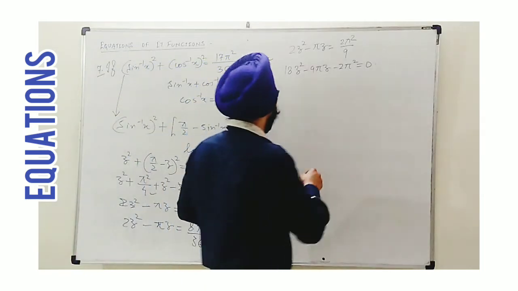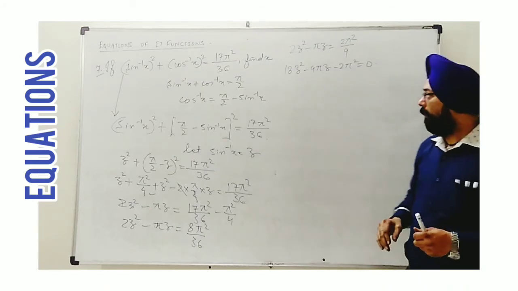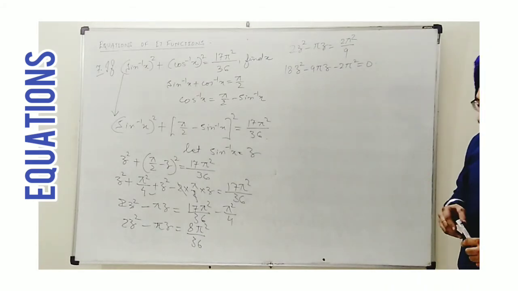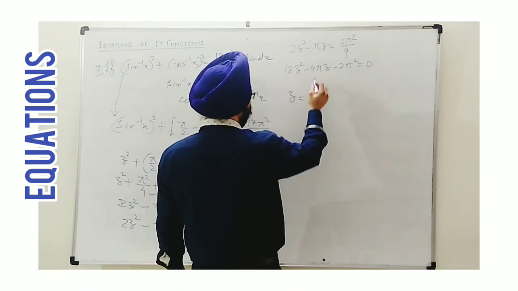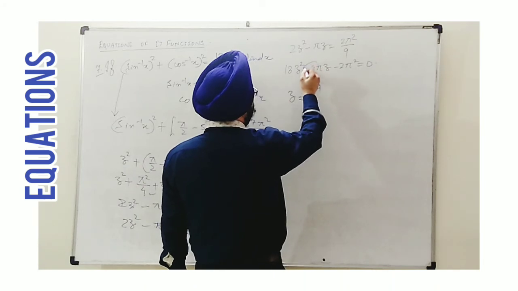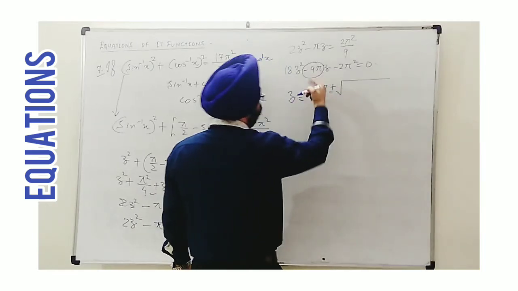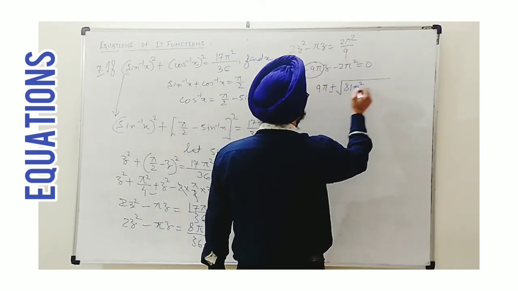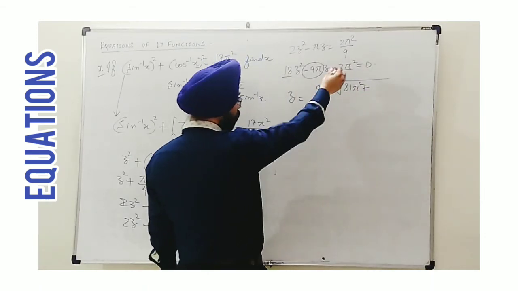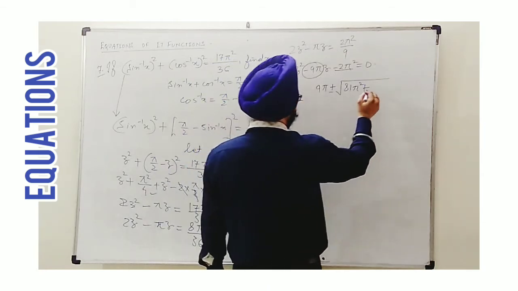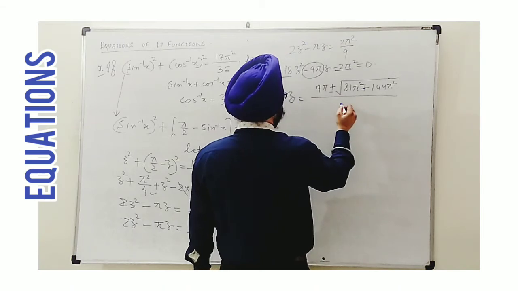Now how to operate? Either you apply the quadratic formula or you apply splitting the middle term. Here we can apply the quadratic formula. z is equal to minus b, where the value of b is minus 9 pi, so minus b means 9 pi, plus minus the square root of 81 pi square plus 4ac. 4 times 18 is 72, 72 times 2 is 144 pi square, upon 2 into 18 is 36.